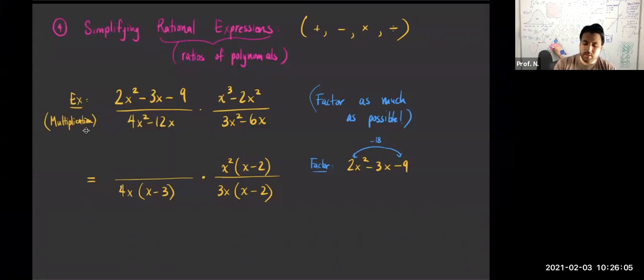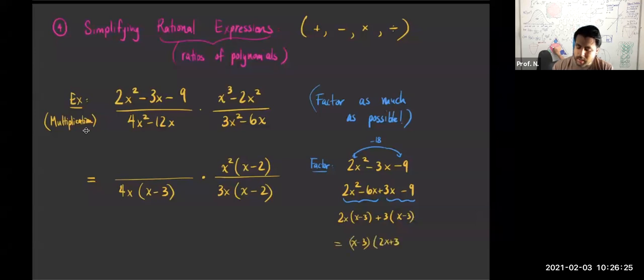Negative 6 and 3. Good. So then I can rewrite this as 2x squared minus 6x plus 3x minus 9. And what can I factor out? A 2x, this becomes x minus 3. A 3, this becomes x minus 3. So I can factor out the x minus 3, and I'm left with 2x plus 3. So then I get x minus 3 times 2x plus 3.